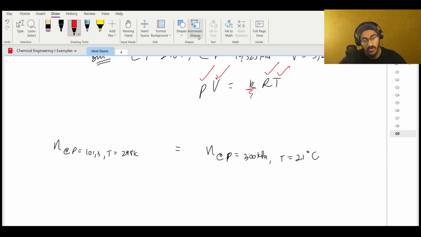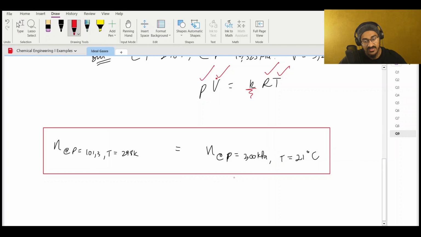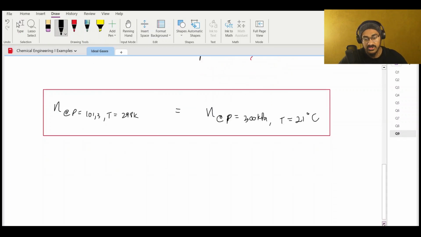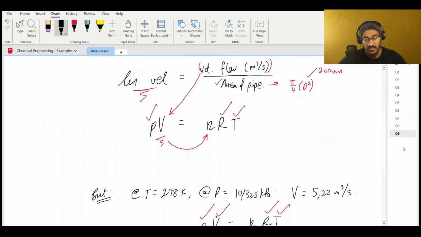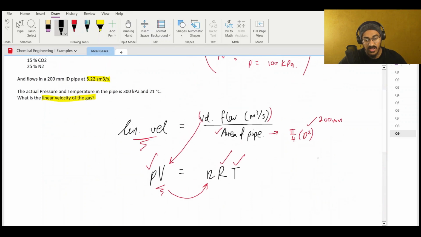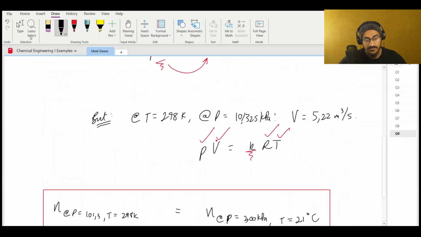The number of moles between these two situations is exactly the same. And once you've made that realization, we are good to go. So let's go all the way back to the top and work out from this equation what the molar flow rate is.